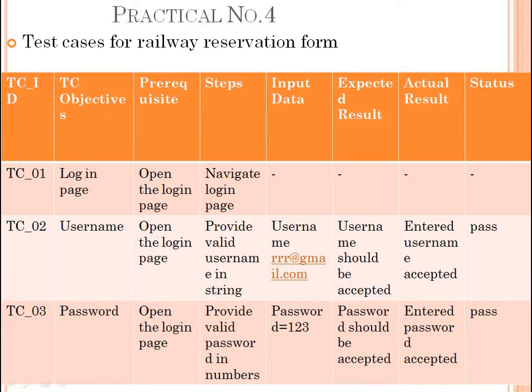And here is white box testing. White box testing is performed to test the program's internal structure. In black box testing we cannot know the internal structure of the program, only the inputs and outputs.